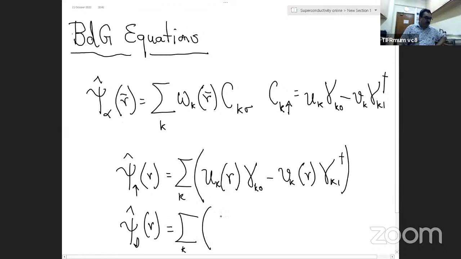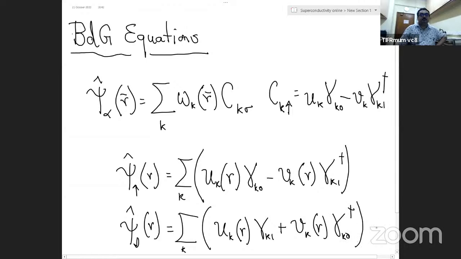So down will be U_k(R) gamma k1 plus V_k(R) gamma k0 dagger.